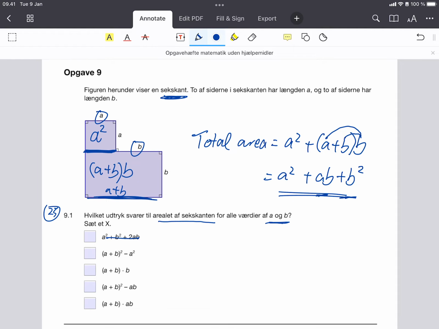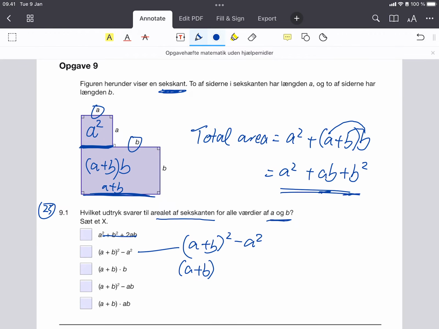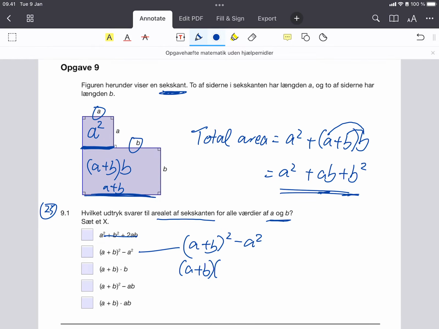I'm going to have to multiply all of these out, I think, to check which ones are the same. This one, a plus b squared minus a squared, so that would be a plus b times a plus b minus a squared.